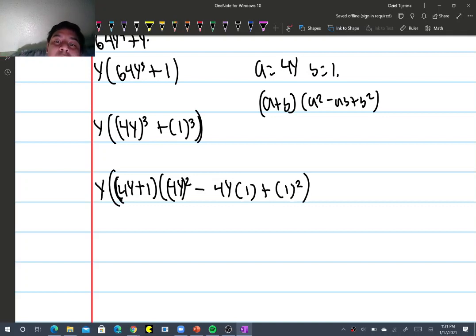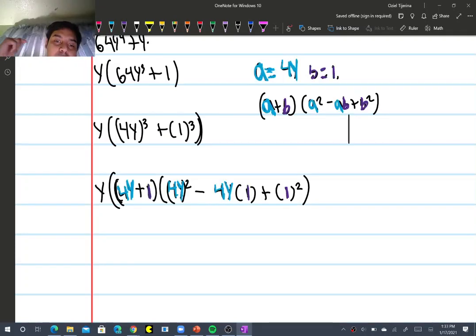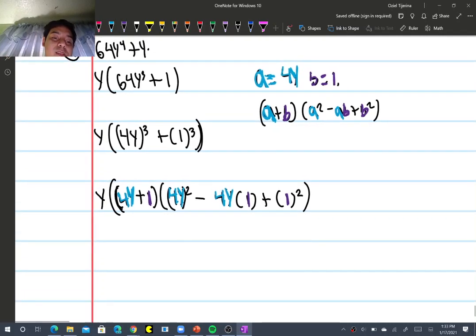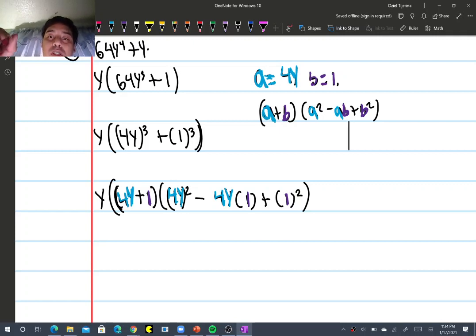So basically, let me just color code really quick. This is kind of how I rearranged it. That's exactly what we're trying to do here. And I forgot to do one more part. So this is our A term, 4y, and this is our B term, which is 1.